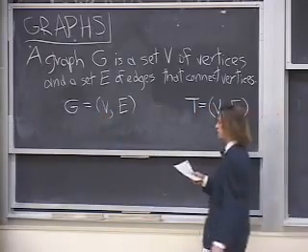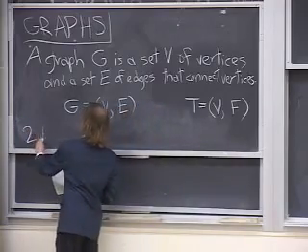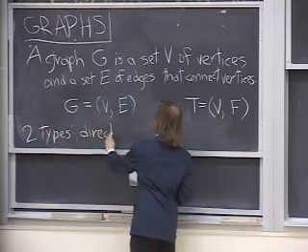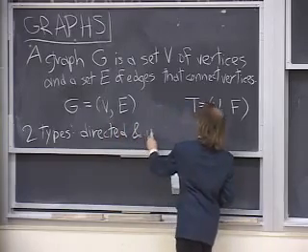Now, graphs come in two types. There are directed graphs, and there are undirected graphs.